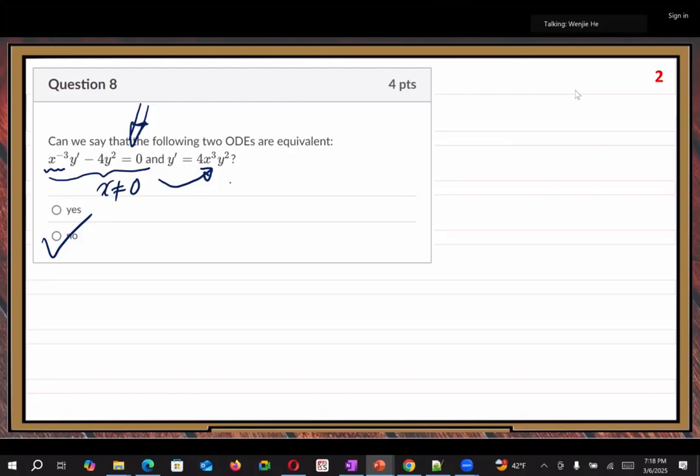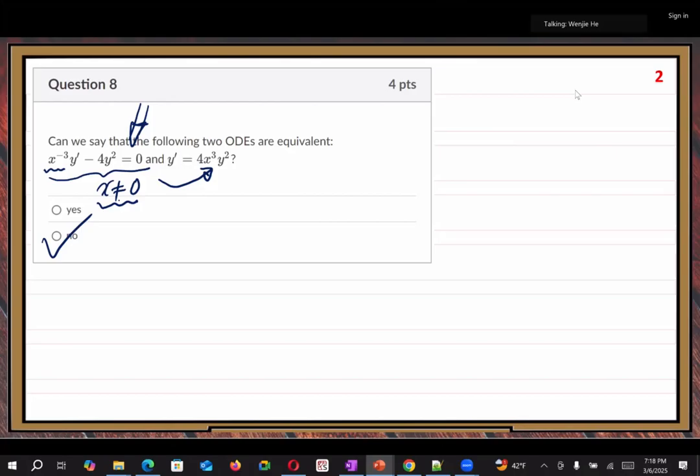In your solution, you do not allow x to be 0, so you need to recover it. The second equation is slightly different from the first equation.